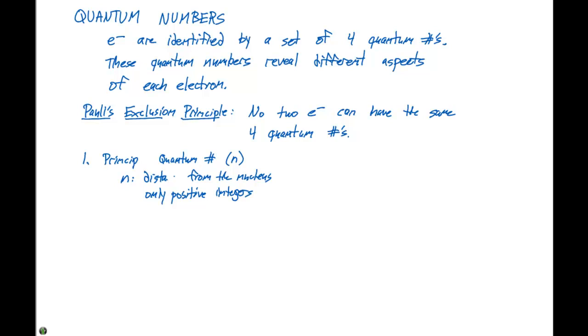We've seen this n before in the Bohr model and also when we do the electron configurations. It's going to indicate the energy level the electron is in.